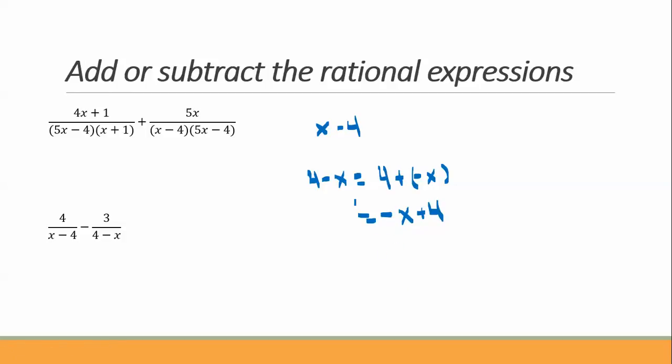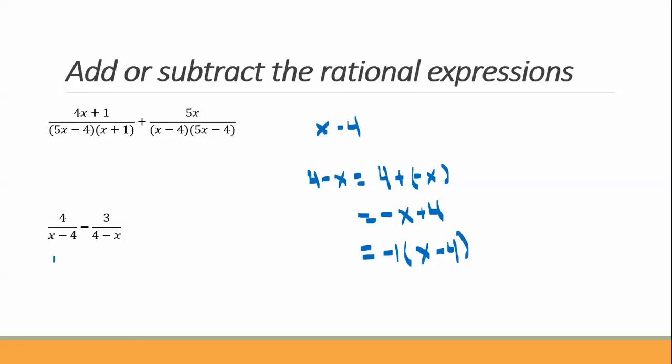So now we have x minus 4 and minus x plus 4, and previously in this section I said if there's a minus sign in the leading coefficient, factor that out. So let's factor out a minus 1. What do we need to multiply minus 1 by to get minus x? We need to multiply it by x. And what do we need to multiply minus 1 by to get positive 4? We need to multiply by minus 4. So 4 minus x is the same as minus 1 times x minus 4.